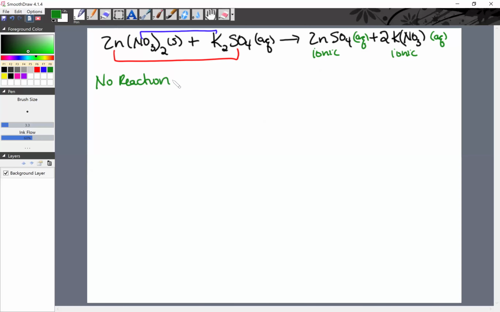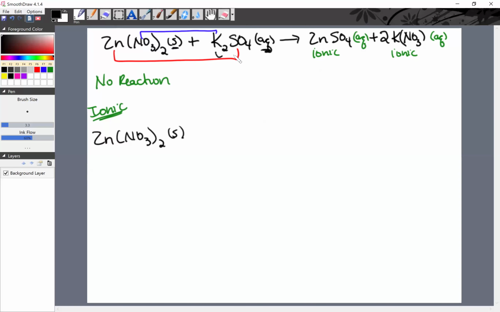Okay, now that's the molecular formula. So the ionic formula: can I tell what was really floating around in my solution, in my beaker, in my test tube, whatever it was? And so I'm looking right here. Is it aqueous? No, leave it alone. All right, is it aqueous?